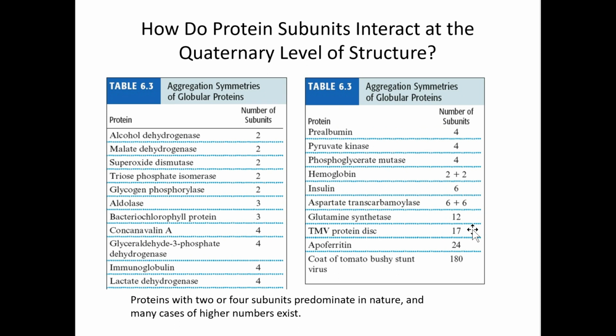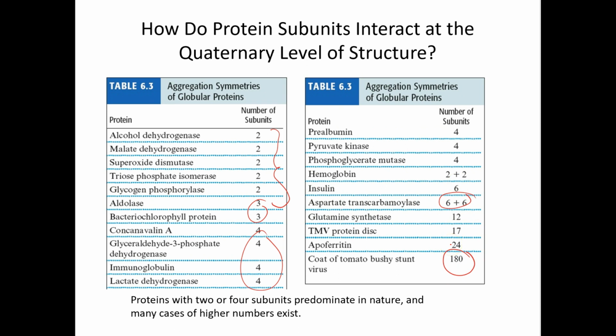And you can get a lot of variety to how proteins organize in quaternary structures. You can have varieties of proteins which have quaternary structure due to pairing of just 2 subunits, but we can also have 3 subunits or 4 subunits or 6 plus 6 of the same, or as many as 180 subunits.